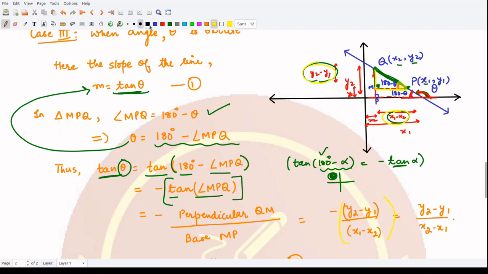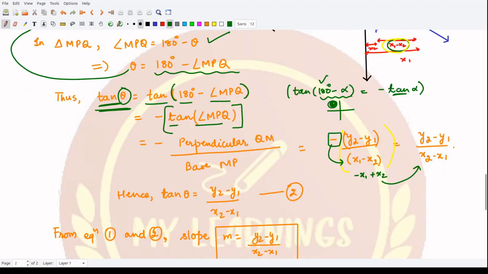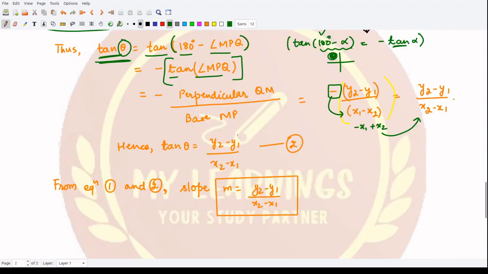Once you substitute the values, you can see we can shift this negative sign into the denominator so that it would become minus x1 plus x2, or you can rewrite it like this. Hence this is the value of tan theta. So the value of slope from here comes out to be equal to y2 minus y1 divided by x2 minus x1.